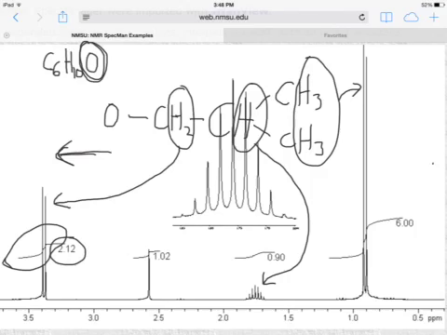So we have a lot of pieces that have to fit together in this last part of our mystery. So I'm going to ask myself, what kind of proton could possibly be responsible for a signal at about 2.5 or 2.6?